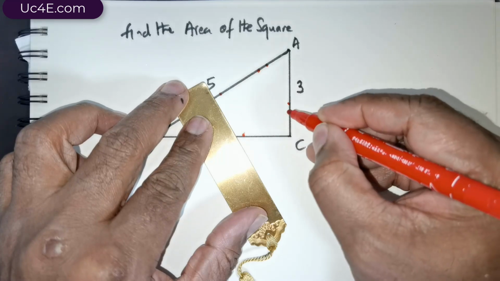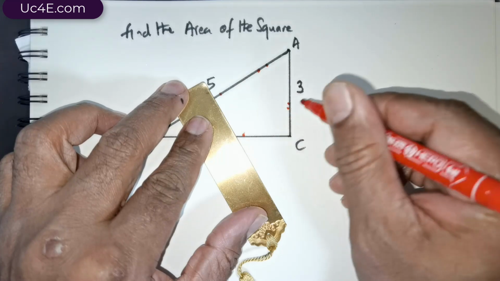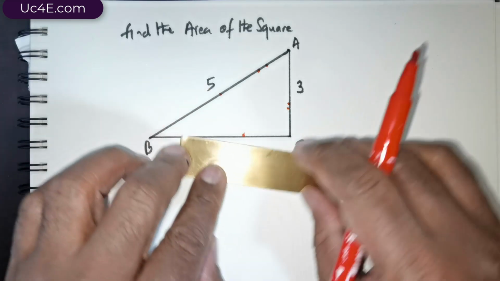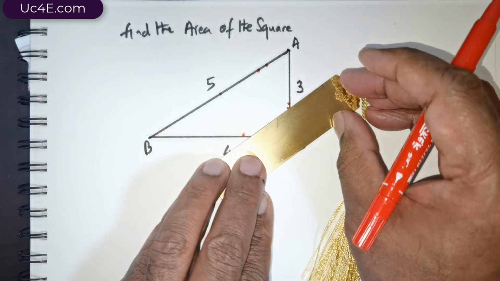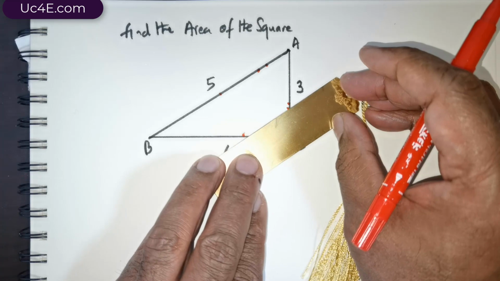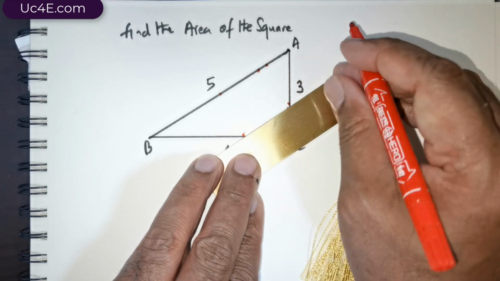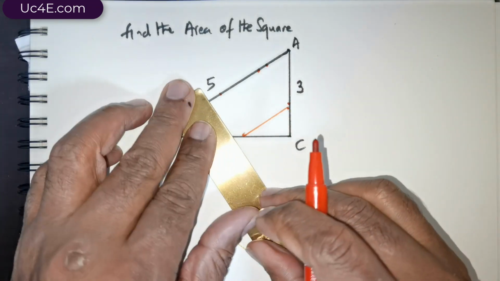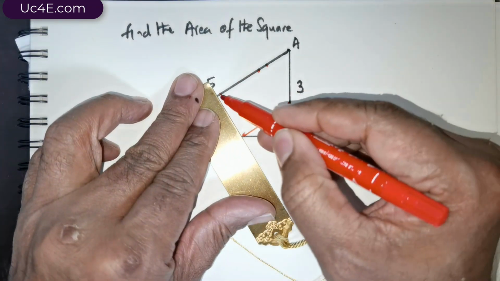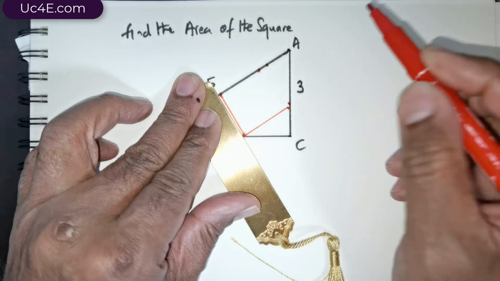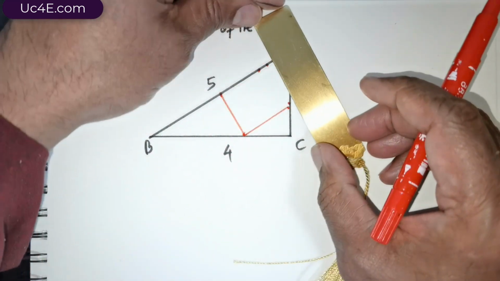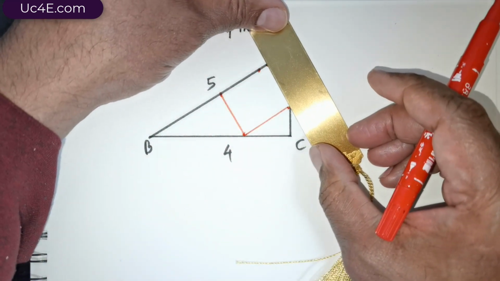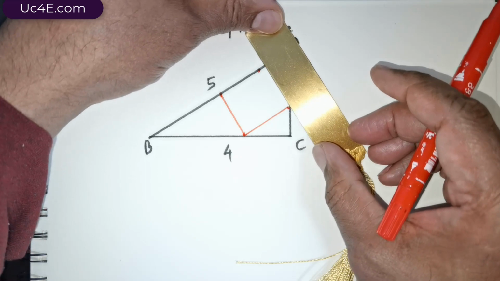Okay, will that be a square? Okay. This is a square, so outrightly I'm stating that it's a square. So try to visualize in that aspect.